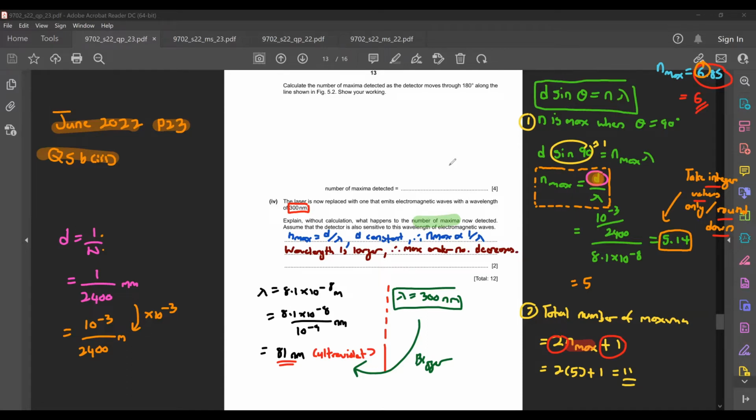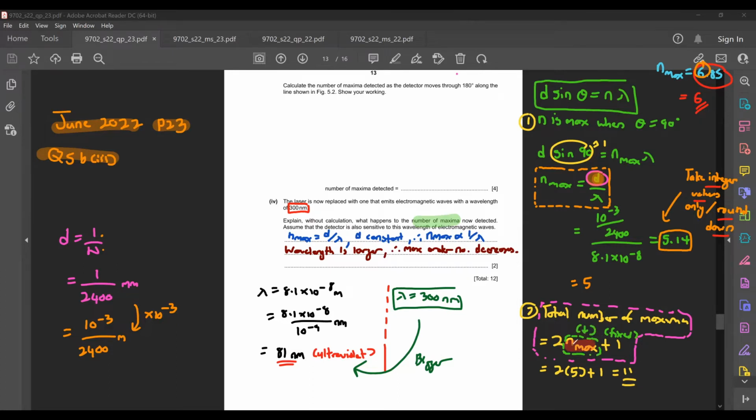Just now, we also know that total number of maxima is actually 2n max plus 1, isn't it? So if it's 2n max plus 1, the plus 1 here is obviously a fixed value. There's nothing we can do about it. It will always be there. Now this n max here has changed. It has reduced.